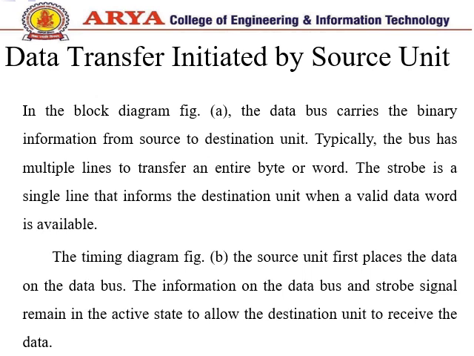The strobe is a signal line that informs the destination unit when a valid data word is available. In timing diagram B, the source unit first places the data on the data bus. The information on the data bus and strobe signal remain in the active state to allow the destination unit to receive the data.